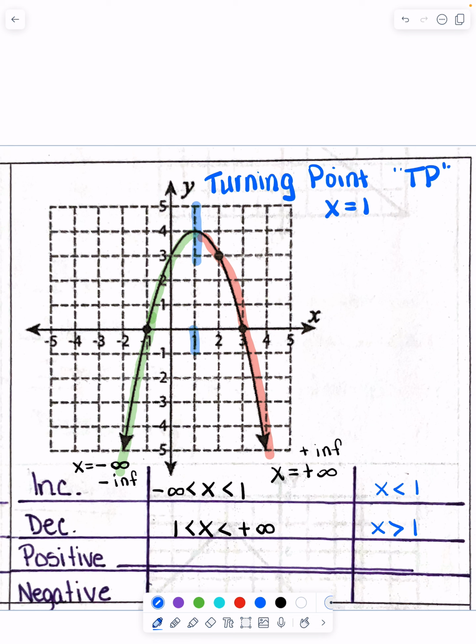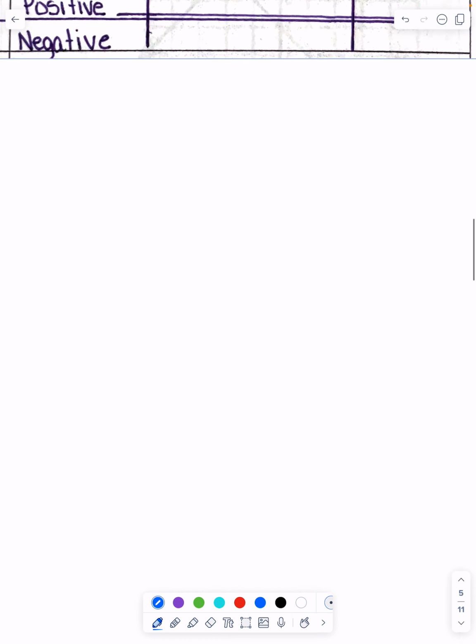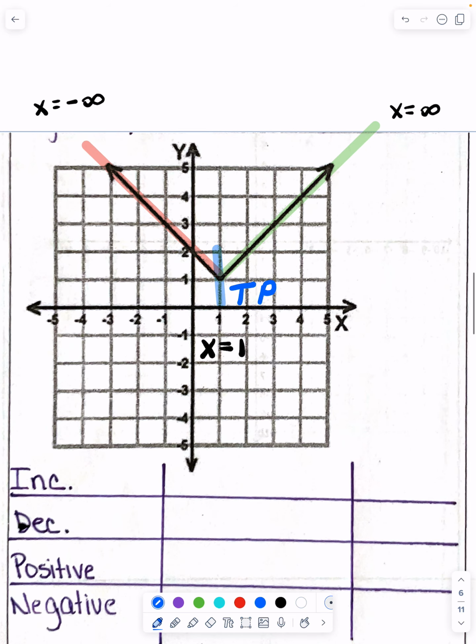All right, let's go look at our third graph and find out when it was increasing and decreasing. So on this graph here, when was the graph increasing? I've already done all the highlights. I've already noted the turning point, and I've already listed the x values on the left and to the right. So when was it increasing?